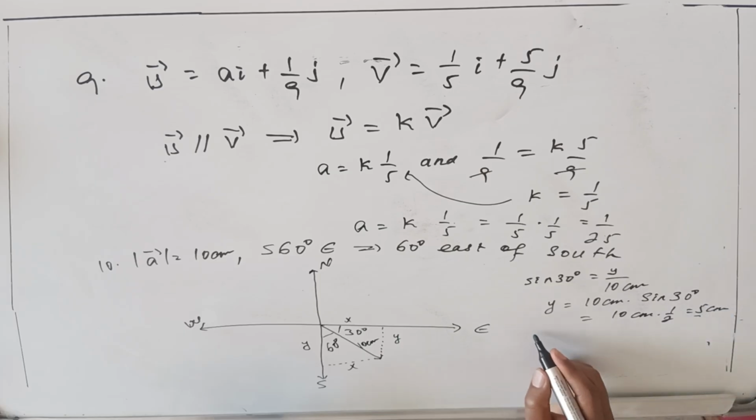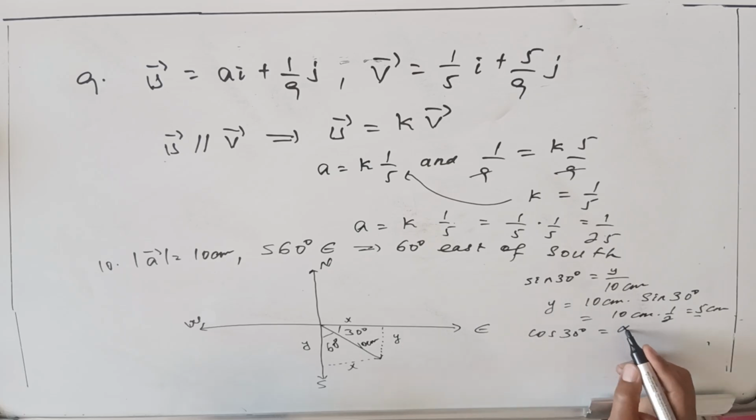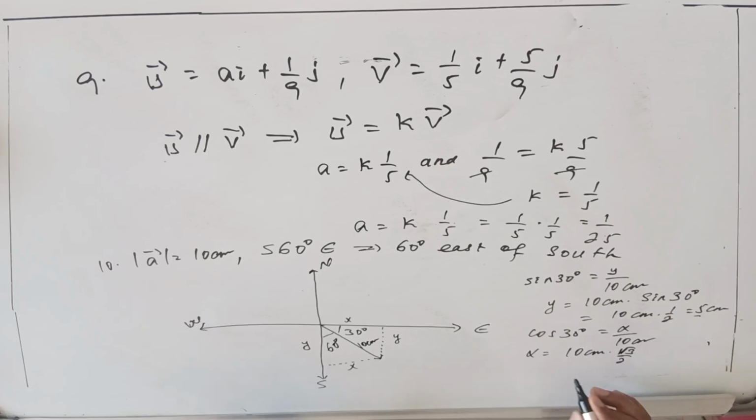And cos 30 degree is equal to adjacent, that is x, over hypotenuse 10 centimeter, and x is equal to 10 centimeter times cos 30 degree, radical 3 over 2, this is 5 radical 3 centimeter.